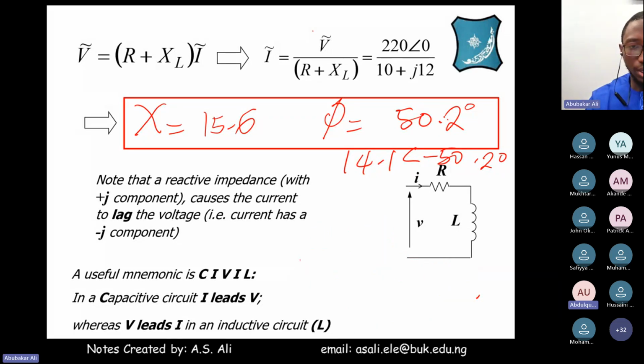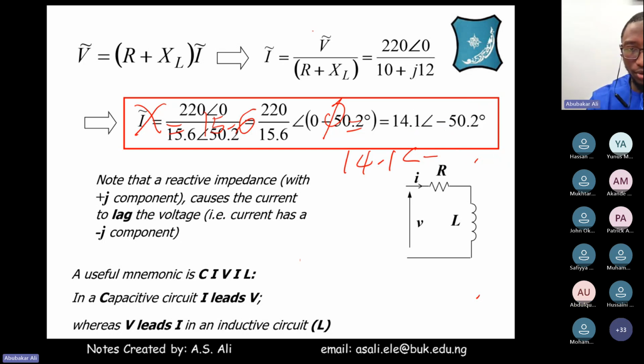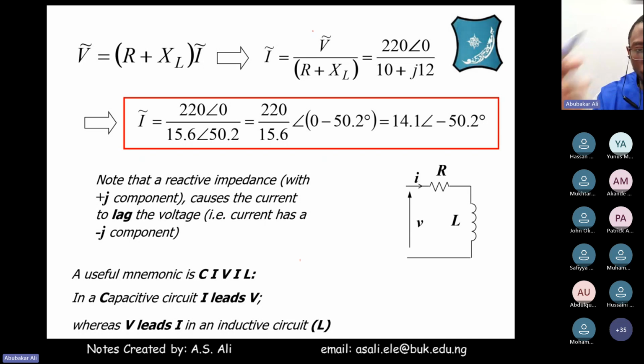Okay, so now that we know the current and we also got the solution, the next question is asking us to find the voltage. But before we go to that, let's look at something here. You will see that the reactive impedance, which is the J component, has made our current lag the voltage. This is a property of an inductor. If you have an inductor in your circuit, the current is going to lag.